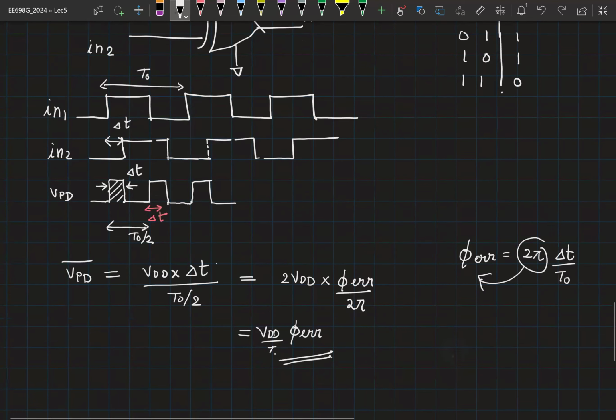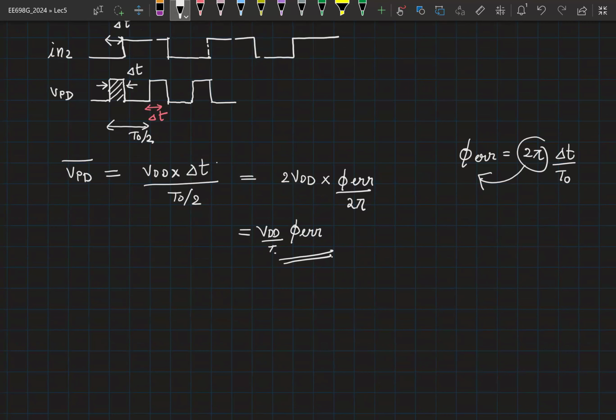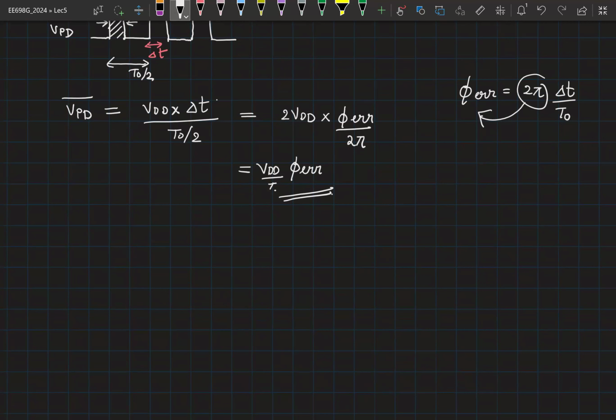So to point you in the right direction, I'm going to give you 3 cases. You can sketch for all 3 and see how we can get the VPD average versus phi error plot.